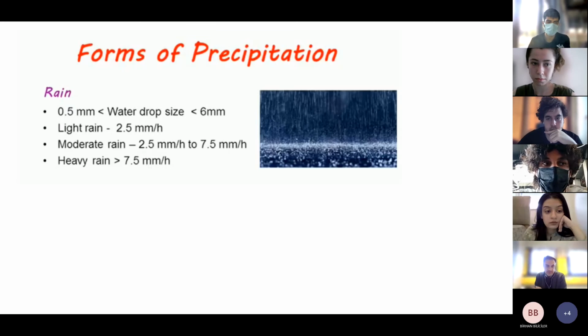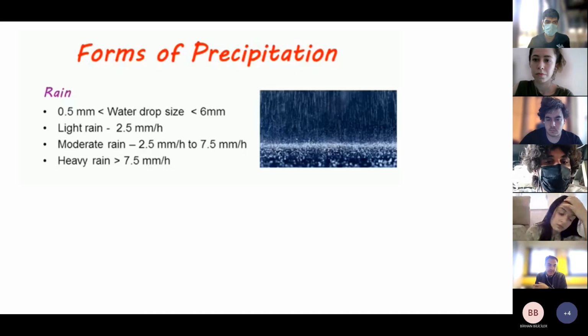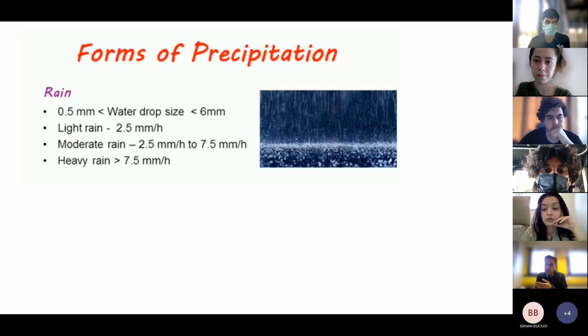This classification could vary in different places, and this is the standard that we have in some countries. Maybe in some countries that receive regular rain, heavy rain is that which has an intensity of more than 10 millimeters per hour.